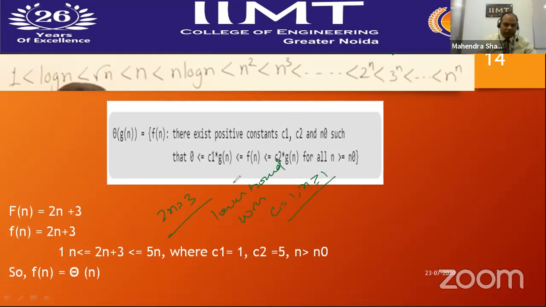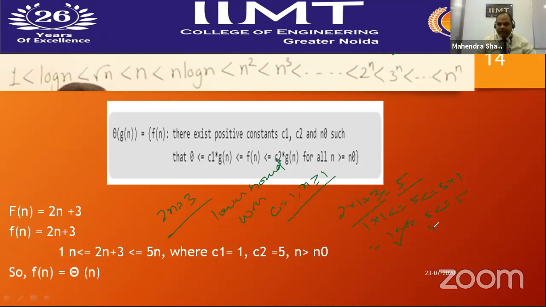So let's check: 2 multiplied by 1 plus 3 is 5. So 1 multiplied by 1 is less than or equal to 5, which is less than or equal to 5 multiplied by 1. So 1 is less than or equal to 5 and less than or equal to 5.